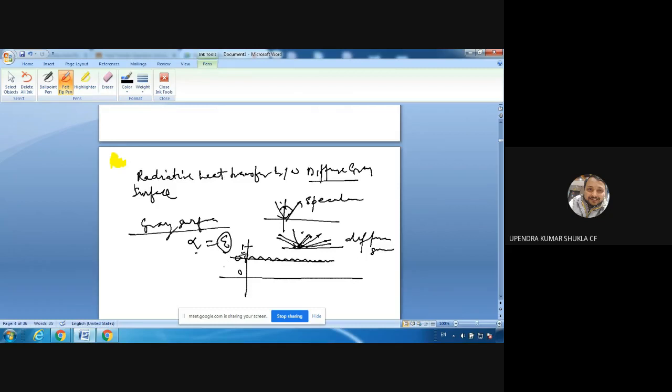With these assumptions we will calculate the radiative heat transfer between diffuse gray surfaces.